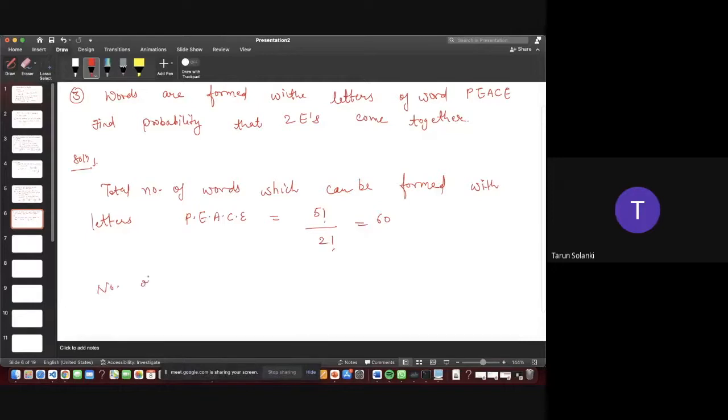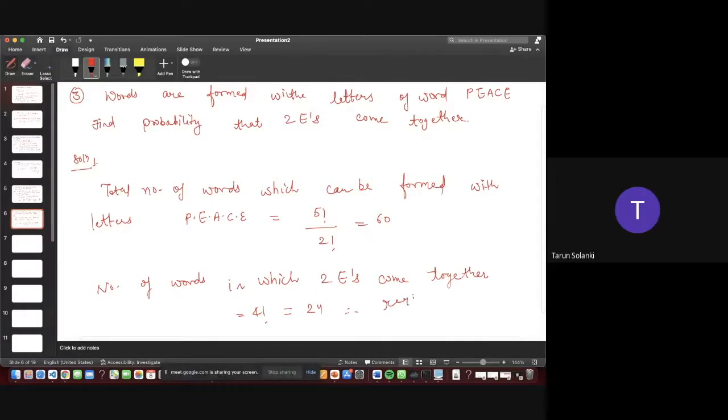Again, the number of words in which two E's come together is 4 factorial. So this is 24.